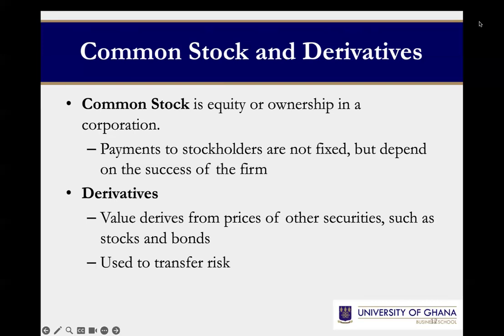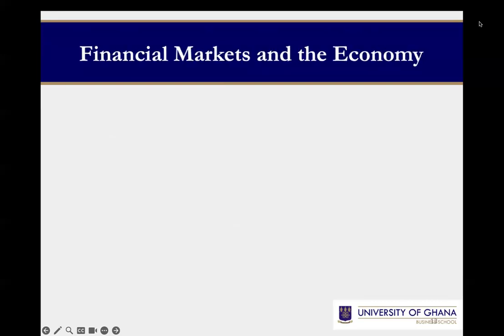And usually that is used to transfer risk. We have classes such as options, etc. And these sort of help, especially in markets where people want to hedge or transfer risk.